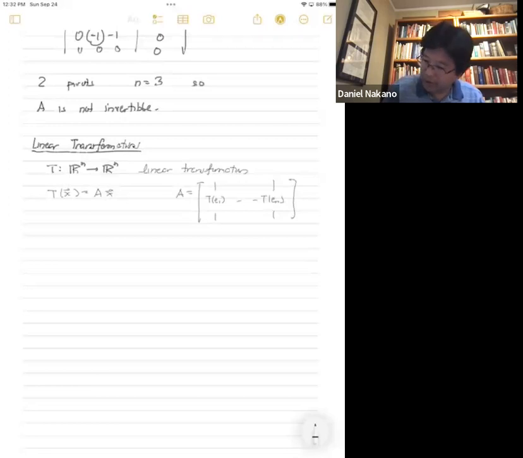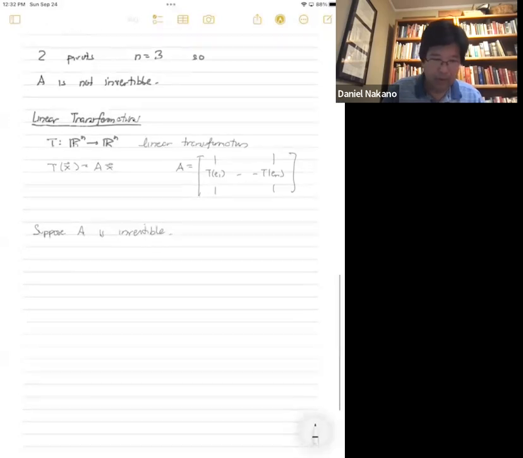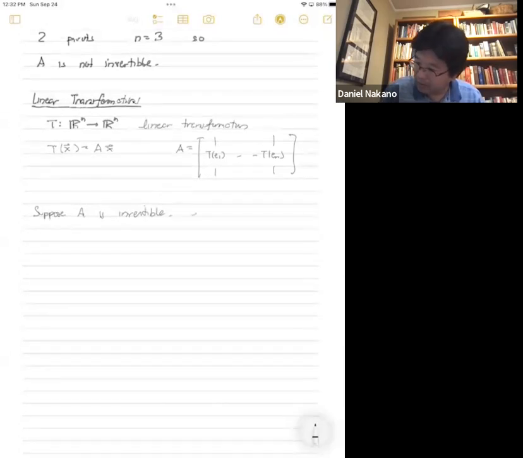Now, suppose A is invertible. And consider S of x to be equal to A inverse times x.